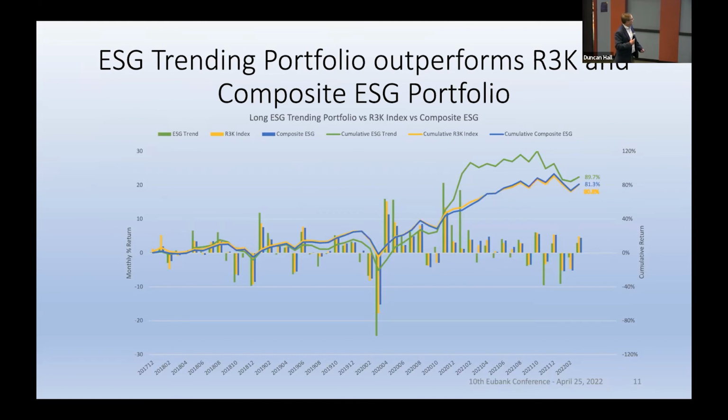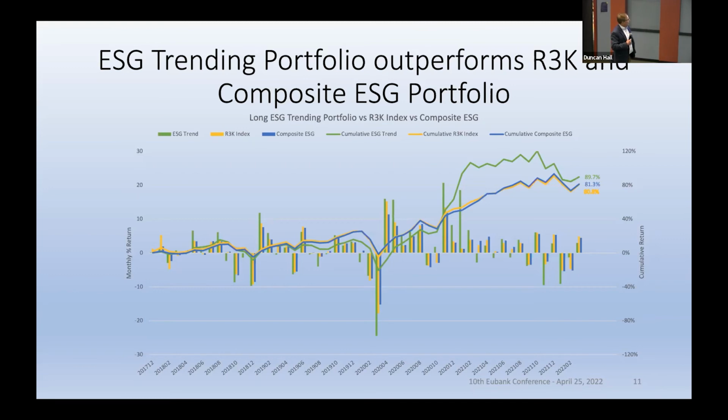The two interesting things that come out here: one is that over the whole period, the ESG trending portfolio does outperform by about 9%. It did underperform for a period from mid-2019 through mid-2020, and it's very volatile.